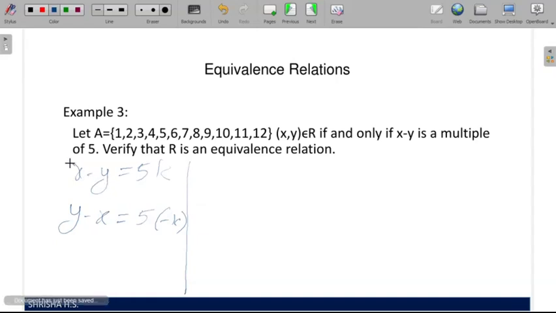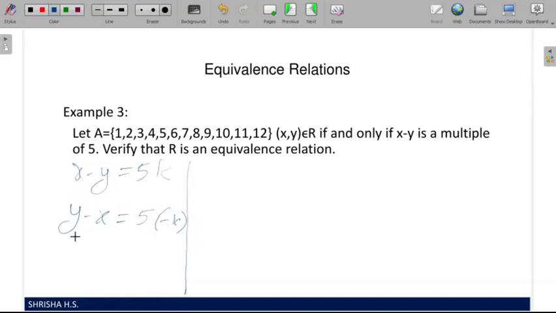So x minus y becomes y minus x, and 5k becomes minus 5k. You can take the minus inside using the associative property. So it still is a multiple of 5. If x minus y is a multiple of 5, then y minus x is also a multiple of 5. Maybe a negative number, but still it is a multiple of 5.